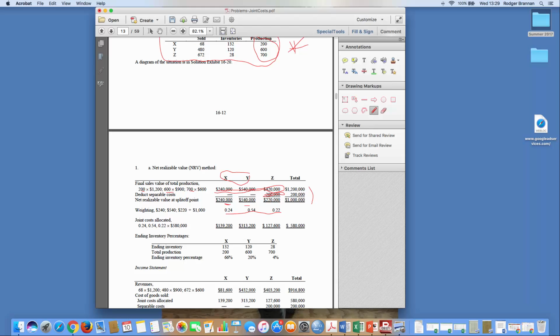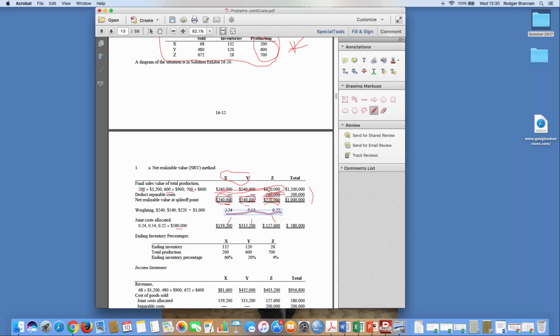So what I'm going to do is allocate my joint cost of 580 based on the relative net realizable value for each product, okay? And we come back to those percentages. So I'm going to take the 580,000 times 24%, times 54%, times 22%.